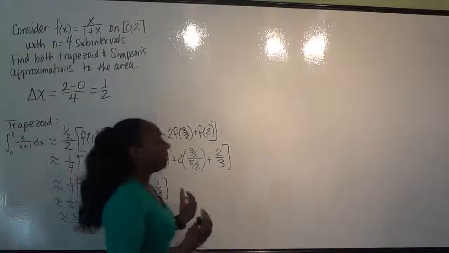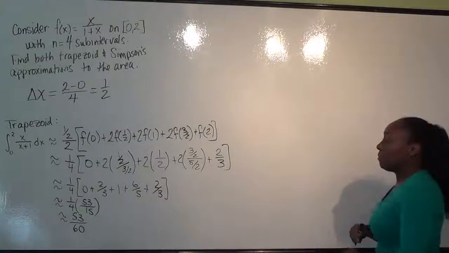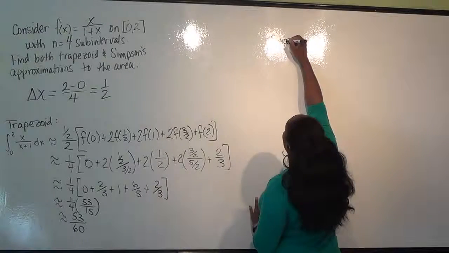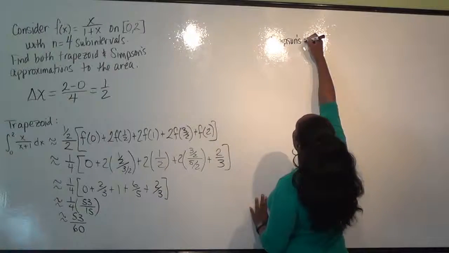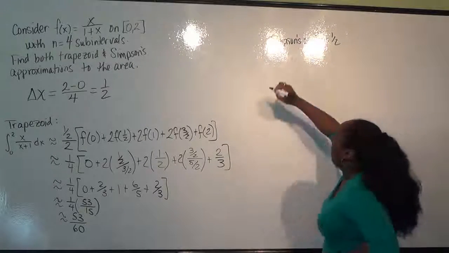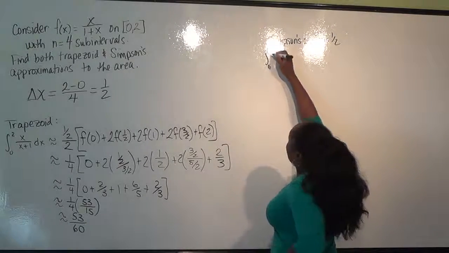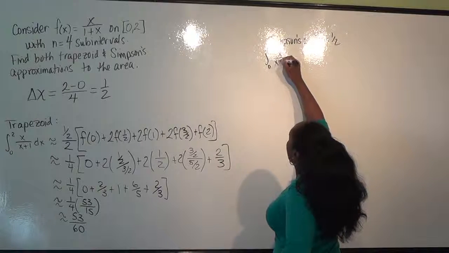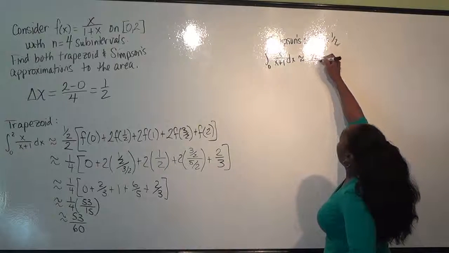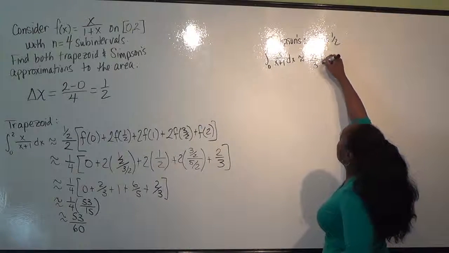Okay. Now let's look at the approximation for Simpson's rule. Okay, so Simpson's, again, we will start out the same way. We know our delta x is a half, because that's the first thing we found. So the integral from 0 to 2 of x over x plus 1 dx is going to be approximately a half over 3, again using Simpson's.